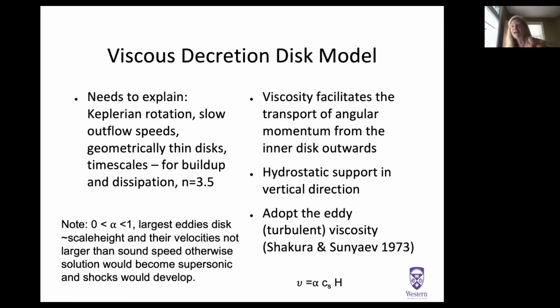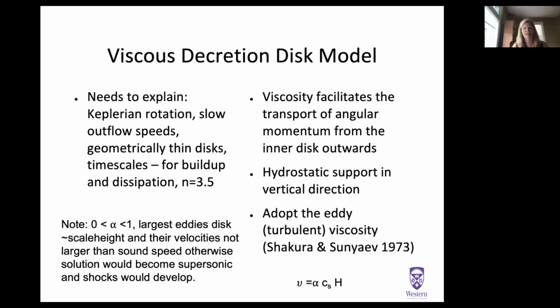So Keplerian rotation means the kinematics in the disk is dominated by this fast rotation. The outflow speeds are really small, less than the sound speed near the star.